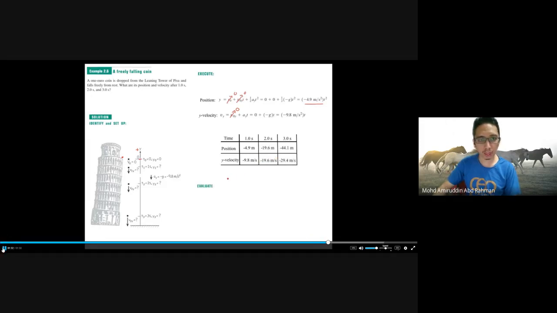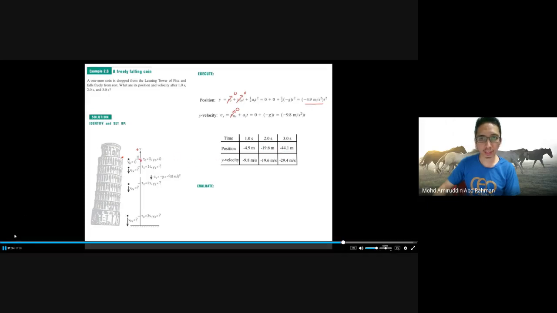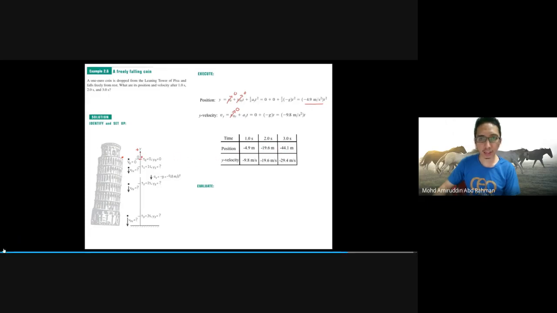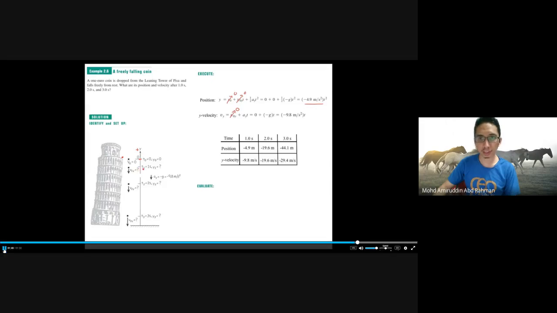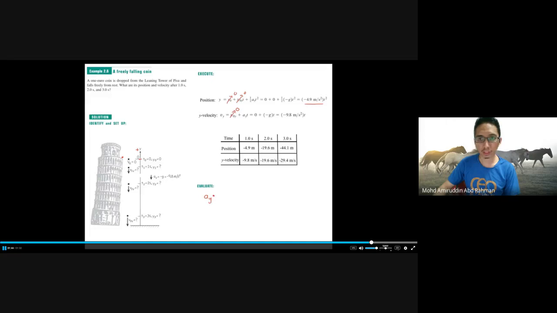For example, at t equals 1, as you can see, you insert 1 over there, and then you obtain the value as minus 4.9 meters.